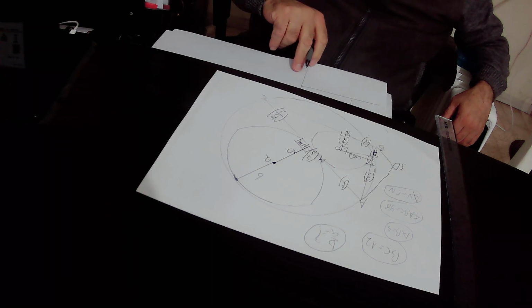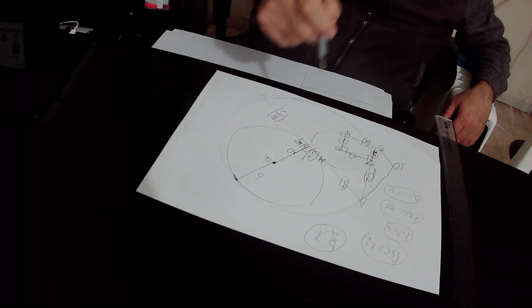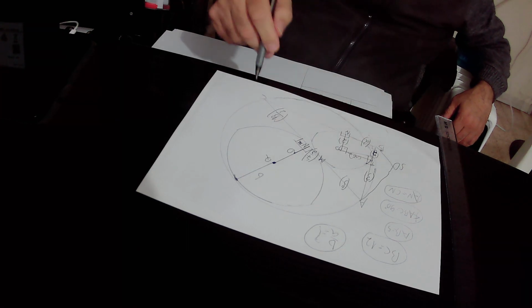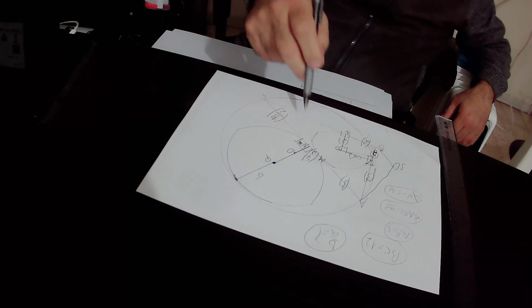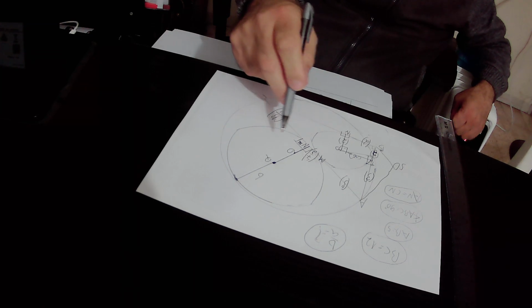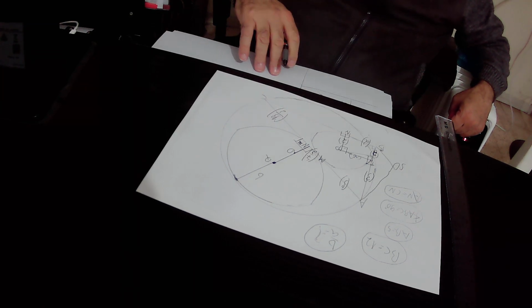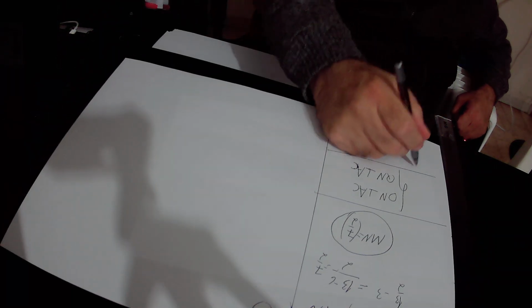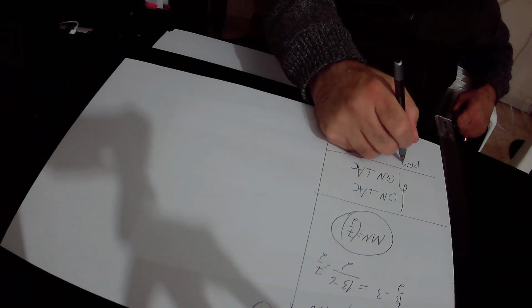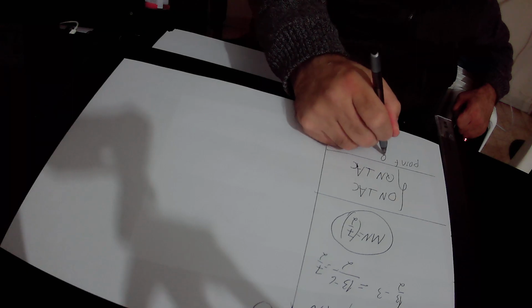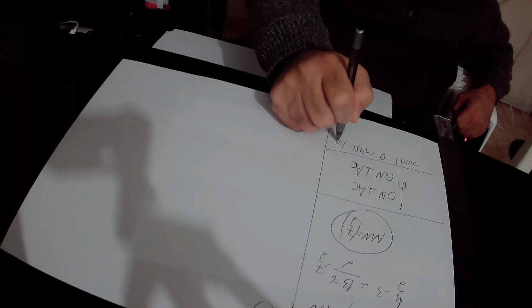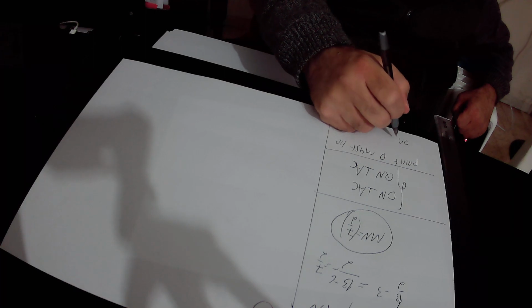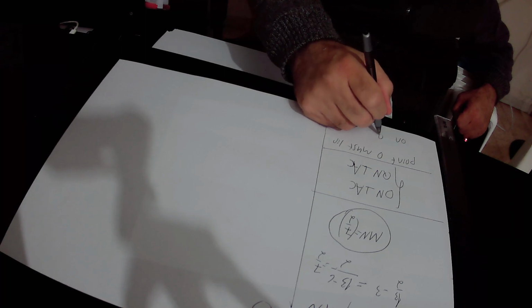So, from the fact that QN is perpendicular to AC and ON is also perpendicular to AC, we will derive that point O must lie on the radius QN. Write it down. Point O, the center of the biggest circle, must lie on the radius QN.